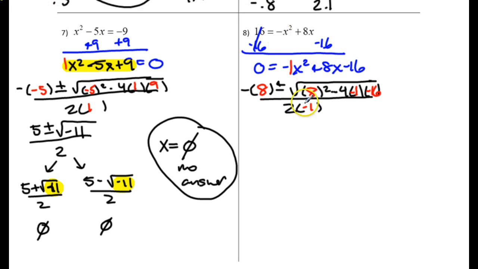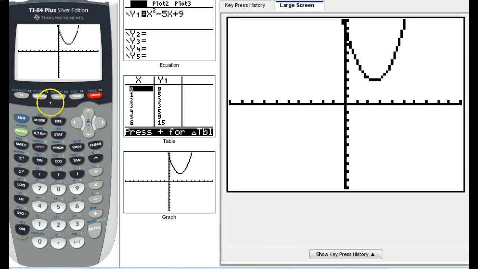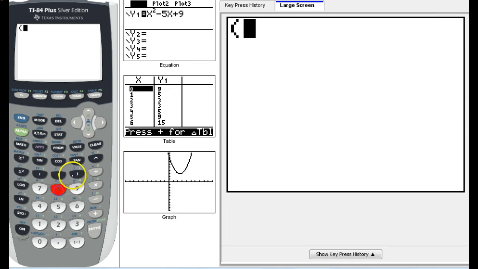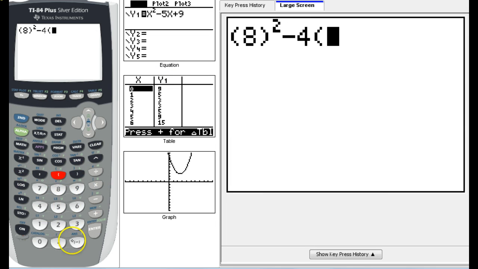Alright, so let's use our calculator and simplify the inside of the radical. But first, negative times 8 is just negative 8. Plus or minus the square root of 8 squared minus 4 times negative 1 times negative 16. So 8 in parentheses squared minus 4, parentheses, a was negative 1, c was negative 16.